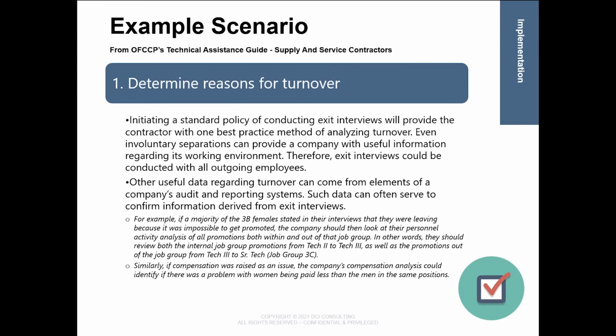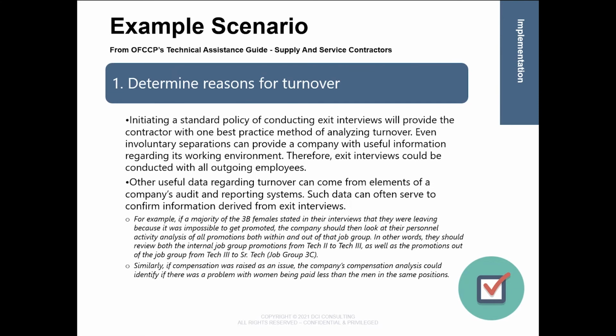Other useful data regarding turnover can come from elements of a company's audit and reporting systems, and data can often serve to confirm information derived from exit interviews. For example, if a majority of the 3B females stated in their interviews that they were leaving because it was impossible to get promoted, the company should then look at their personnel activity analysis of all promotions both within and out of that job group.